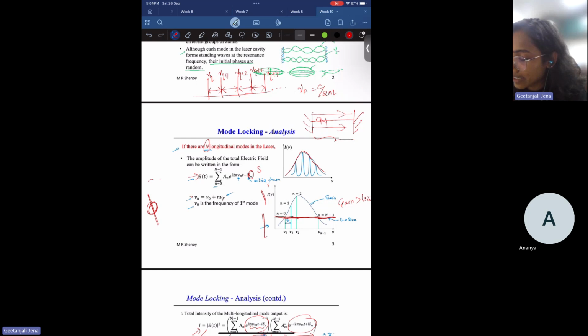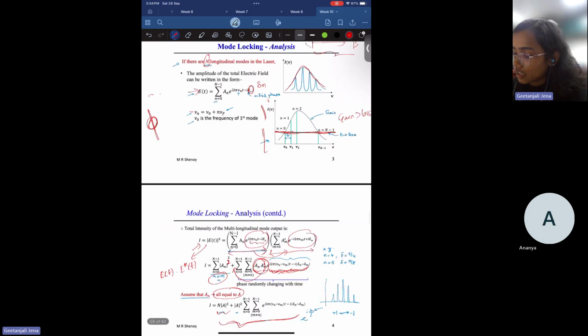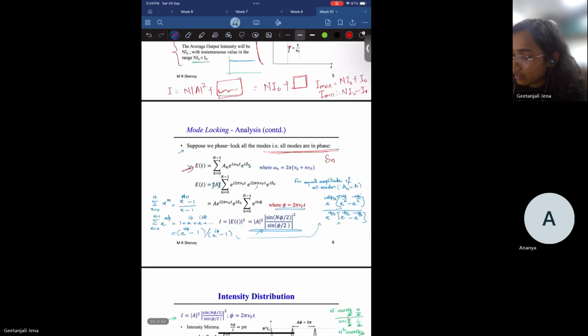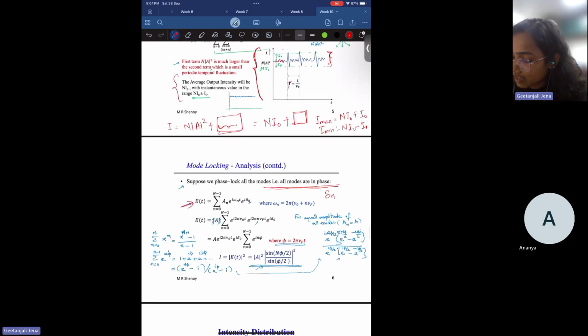That is why we have taken delta n, which is variable and depends on the value of n. But in mode locking, we have taken delta n as delta 0. That is, all modes have the same phase, which is delta 0.